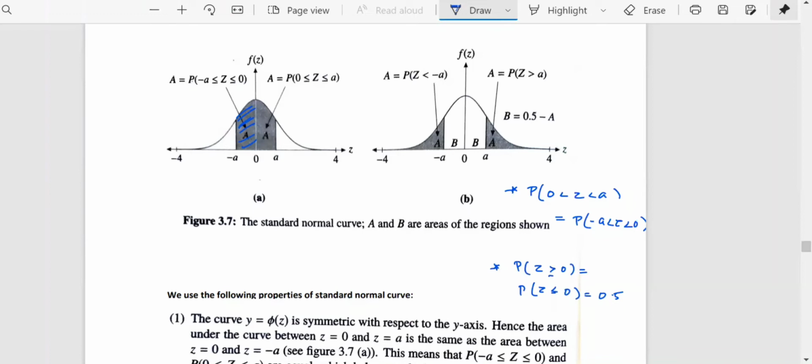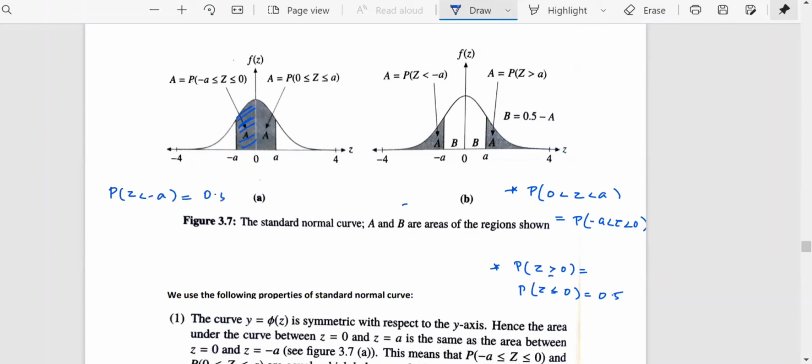Now, in order to get the probability of z less than minus a, we know the total probability of the left hand side is 0.5.